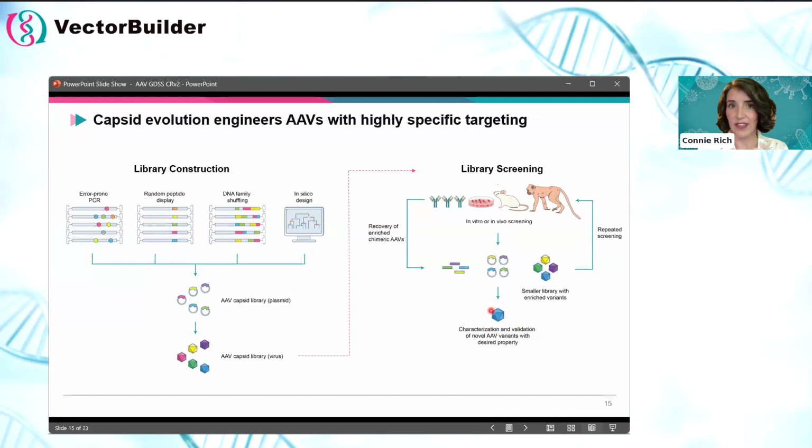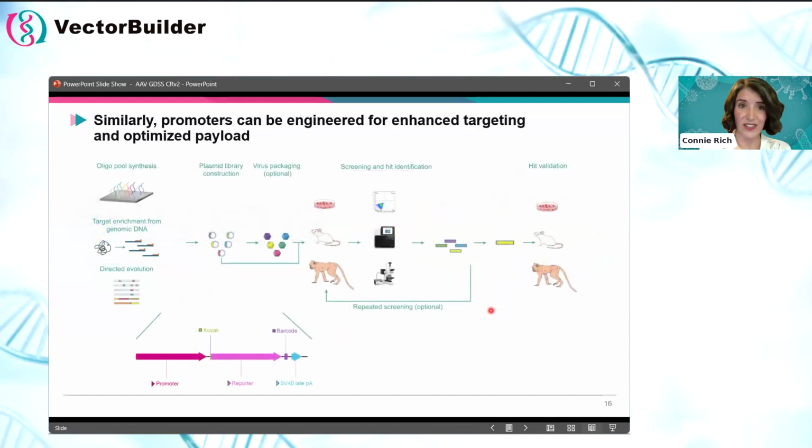One thing to note is that these novel capsids will require really extensive study. These novel capsids are a great way to target very specific cell types. But in addition, we can also enhance not only specificity, but also optimize the payload of our transfer vector by engineering different specific promoters. The first step is pretty similar. You create a pool of various different promoters.